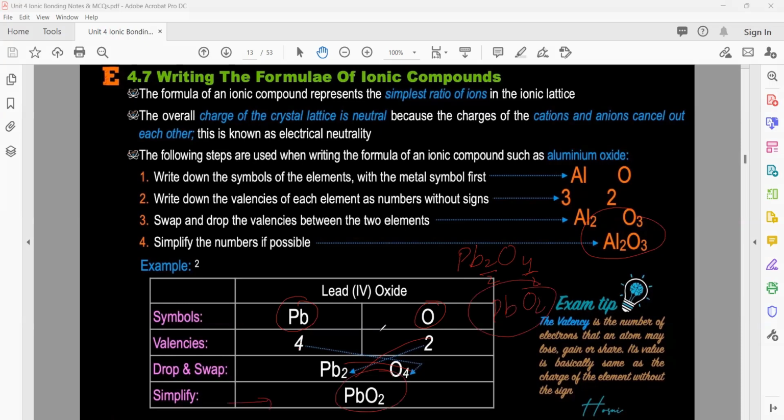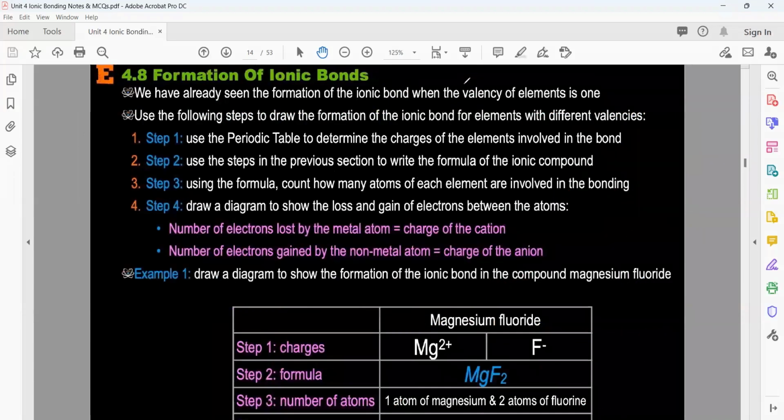So this is how you will write the ionic formula if you know the charge on both elements, and then you can write their formula. Once again, they're talking about the formation of ionic bonds. We have already seen the formation of ionic bond when valency of an element is 1.